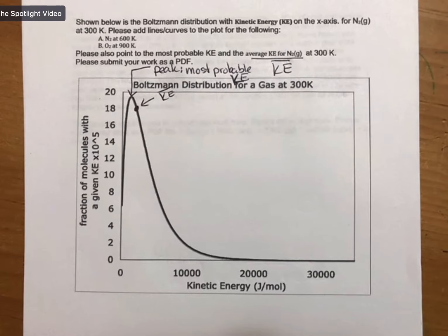Now we're going to do nitrogen at 600 Kelvin, oxygen at 900 Kelvin, and I'll just make this point.